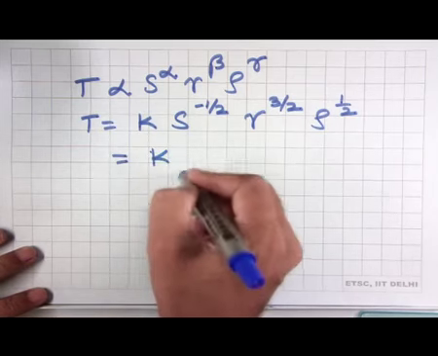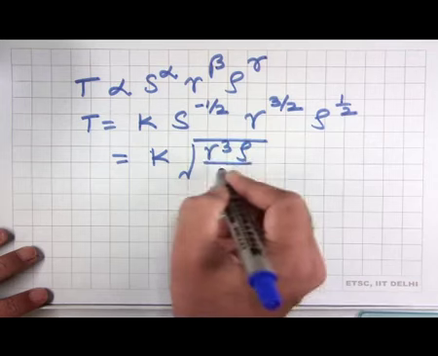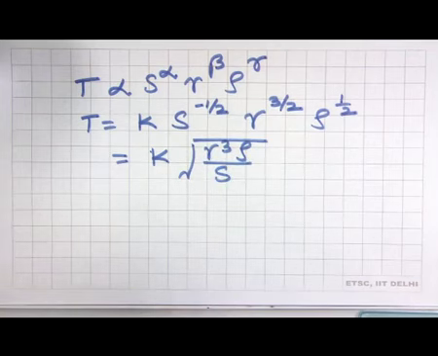And if I write it in terms of the usual expressions, I will get it as K times square root of R cube rho upon S. So, I can derive a formula like this using dimensional analysis.